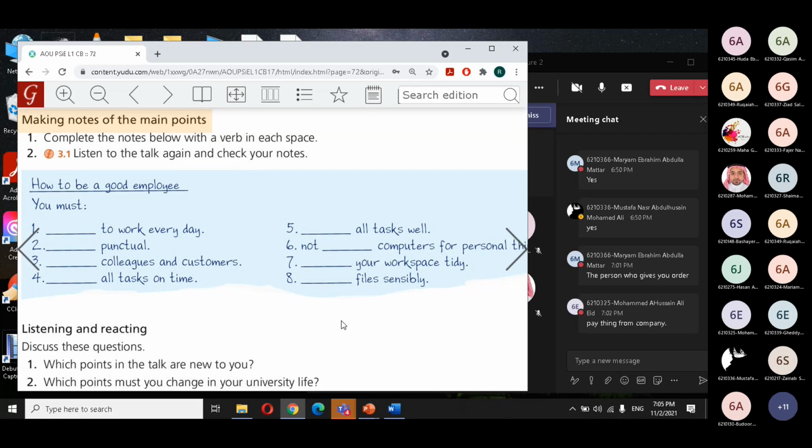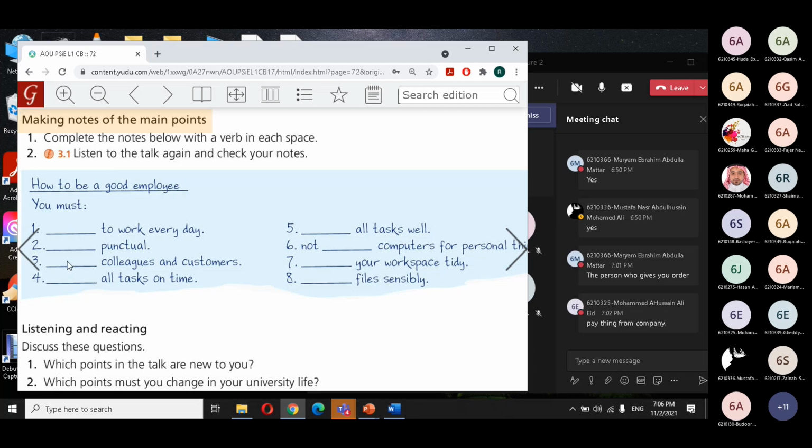These are the 8 pieces of advice, the 8 sentences describing the 8 pictures. But in each sentence, the verb is missing, only one word. Each sentence starts with "you must", and the verb is missing. Can you remember what the missing verb is?